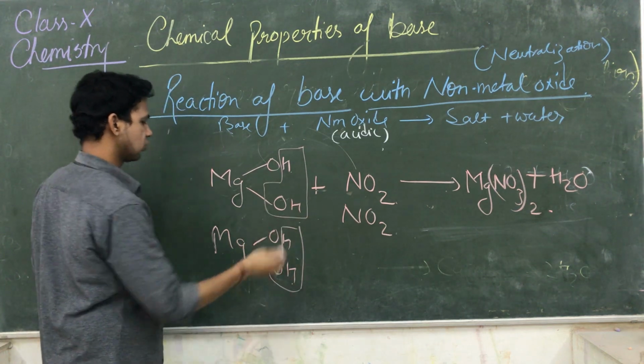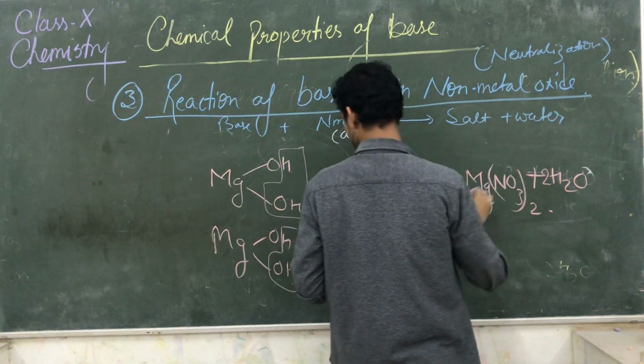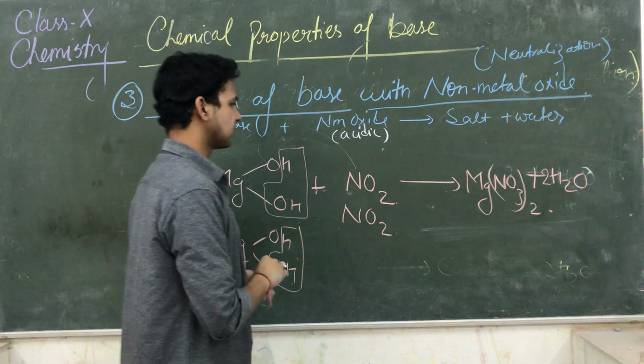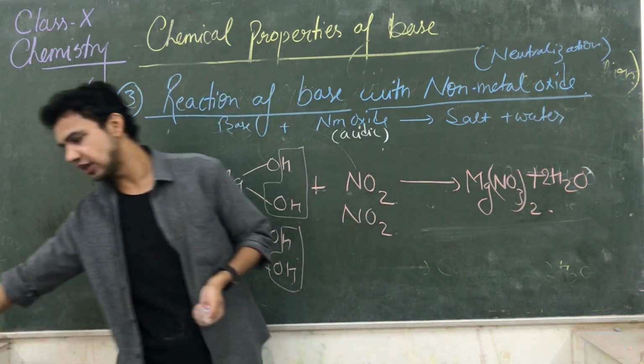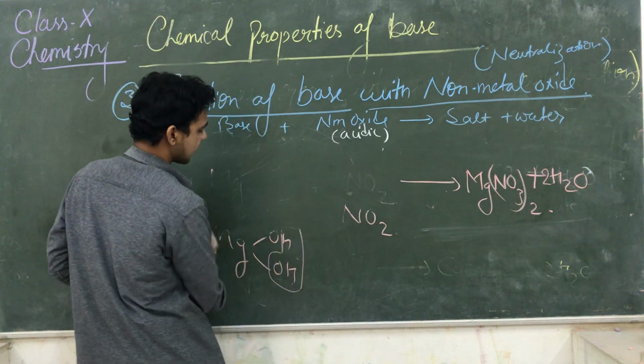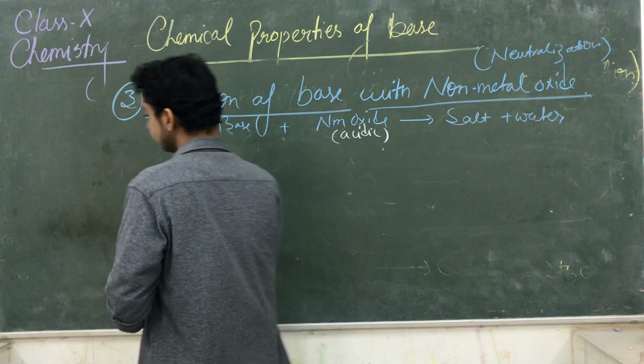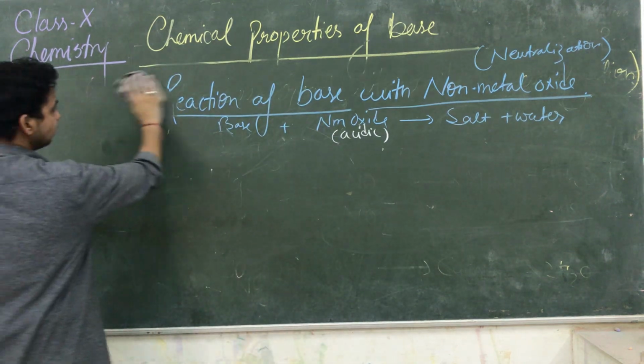Here it also gives, so it will form twice H2O. So they give you magnesium nitrate, that is another reaction in which this type of compound is formed. So these are the reactions in which salt and water are formed.